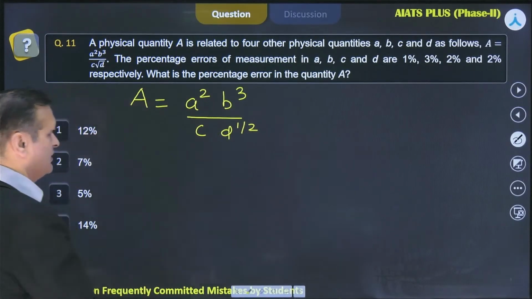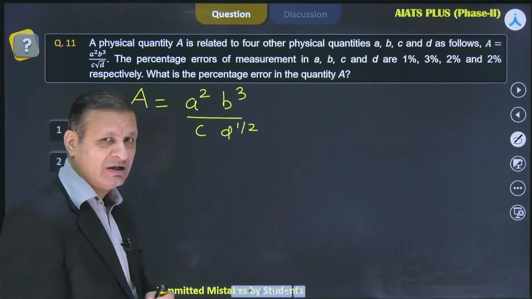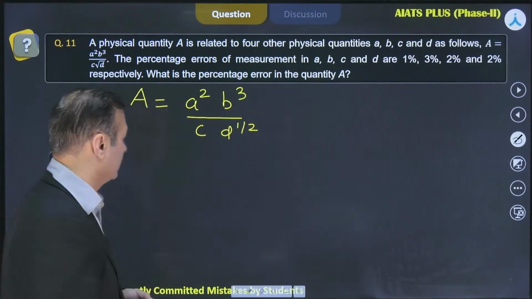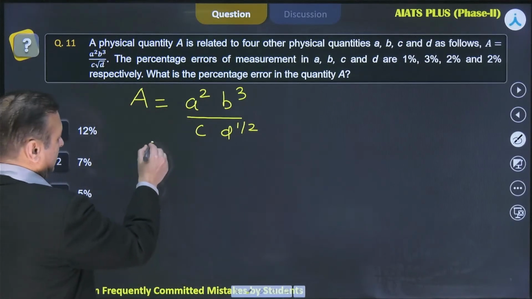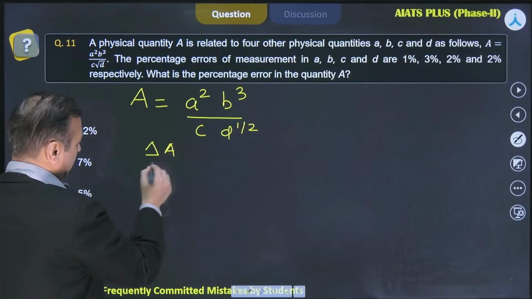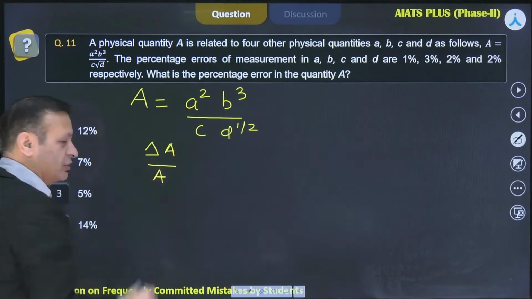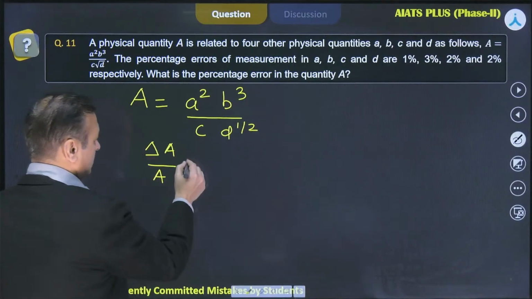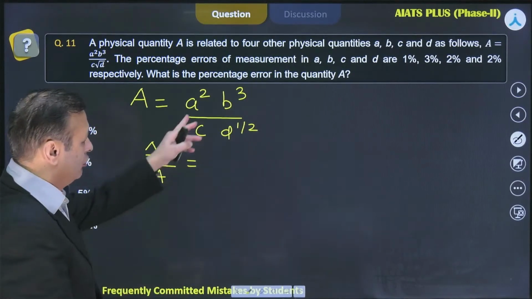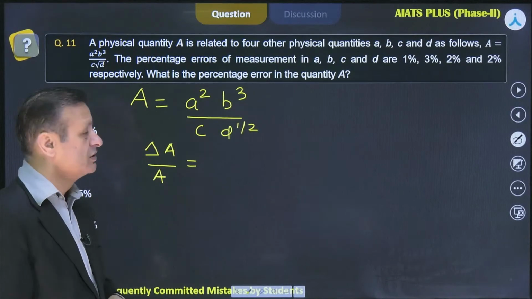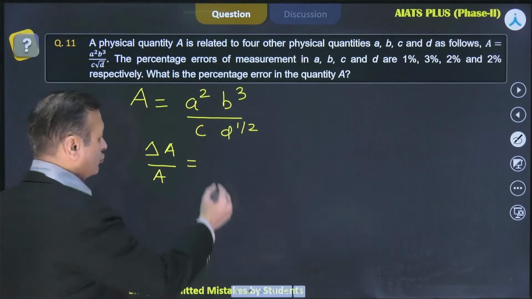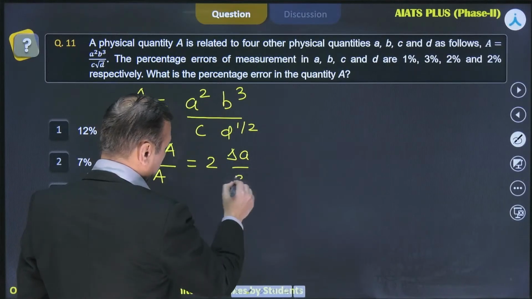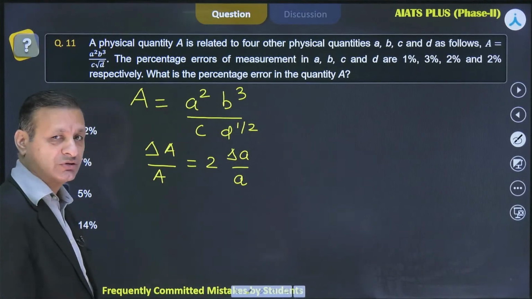So let's attempt this. I am giving you first the relative error before we move on to the percentage error. So delta A by A is your relative error in A. Look at the power of small a, and that is 2, so this is 2 times the relative error in small a. This is the first step.